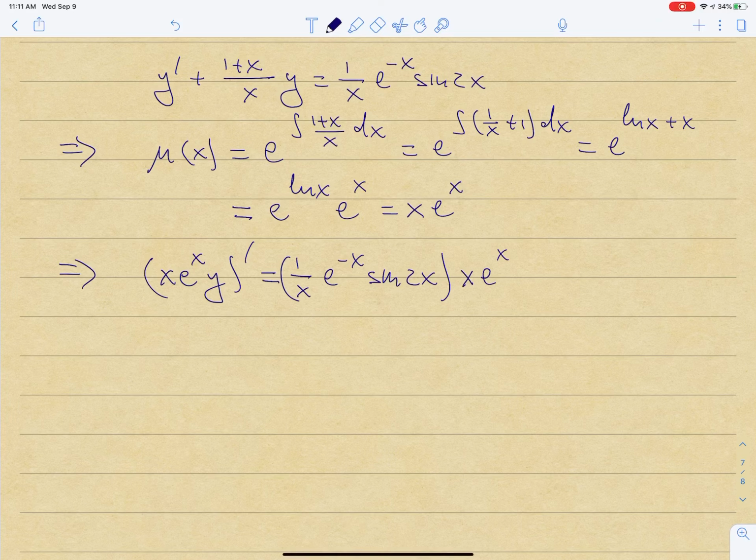And now you see why I advocated simplifying mu of x as much as possible, because now you see that x here will cancel with 1 over x, and e to the minus x times e to the x is also 1, so those two will cancel. So this is nothing but sine of 2x, which is going to be very easy to integrate.